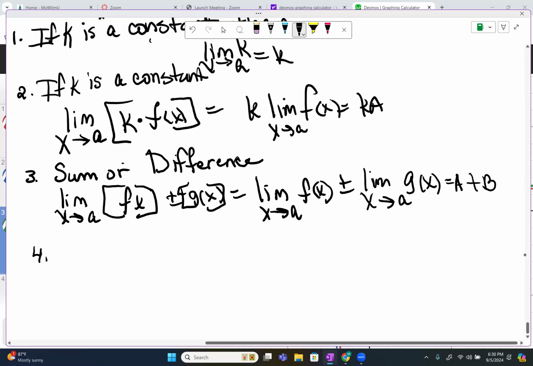Now, the product rule for limits. These are all rules, by the way.